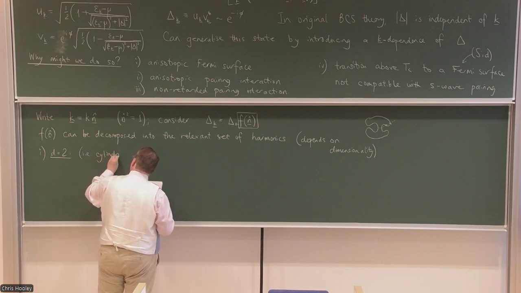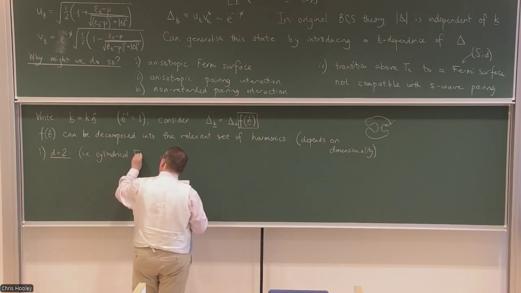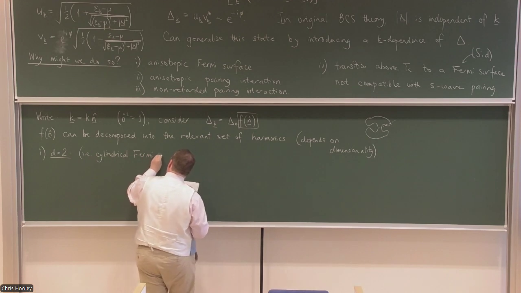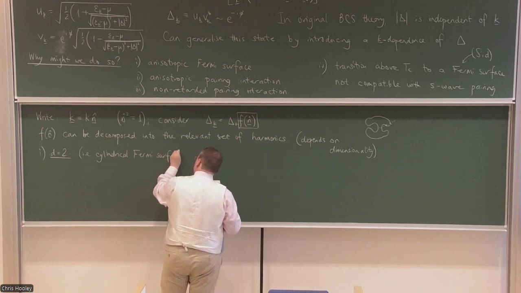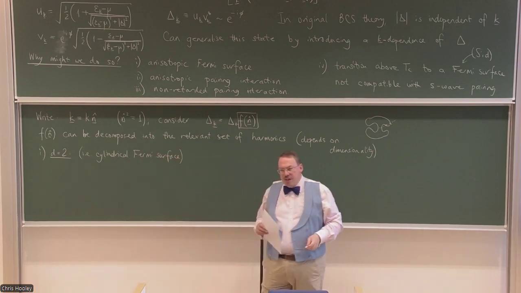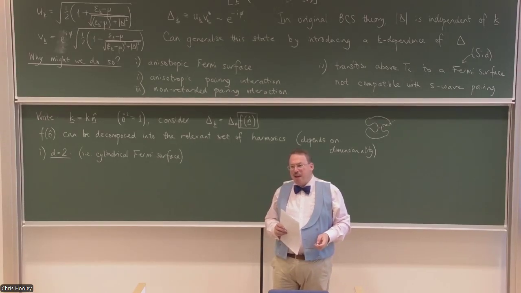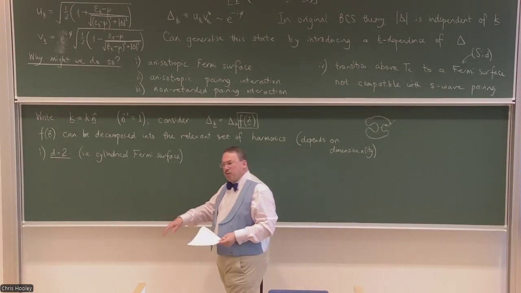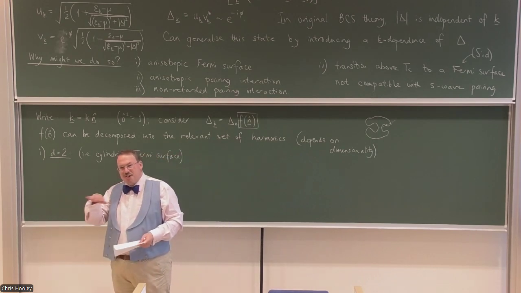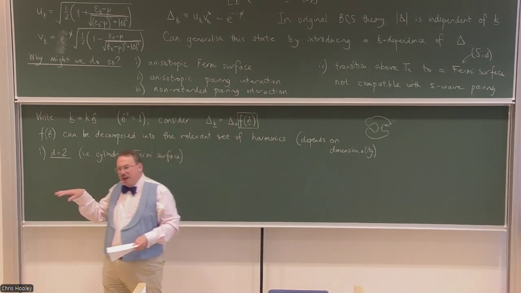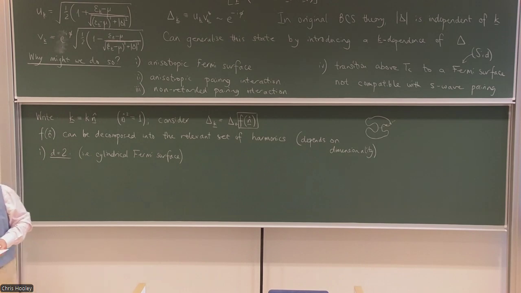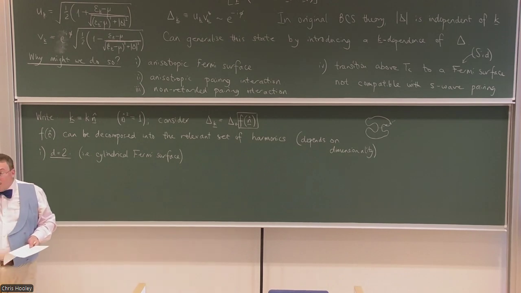Of course, in most real material applications, including the cuprates, we don't really mean that the material is two-dimensional. We mean that the material consists of sheets that are very weakly coupled to each other. And so the Fermi surface is, although 3D, approximately cylindrical.